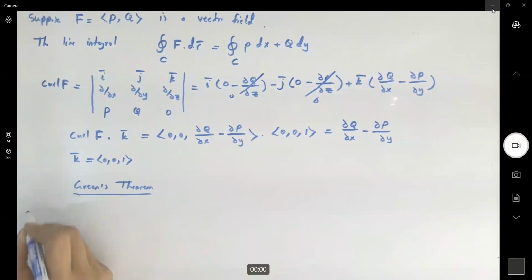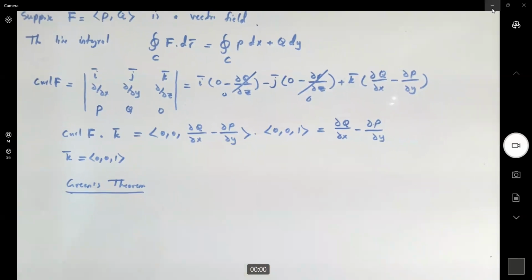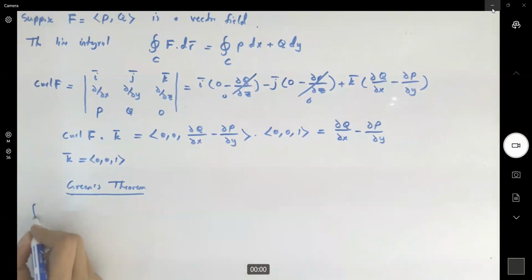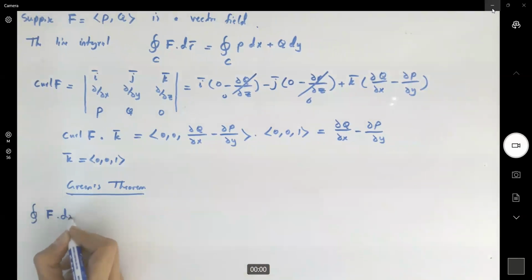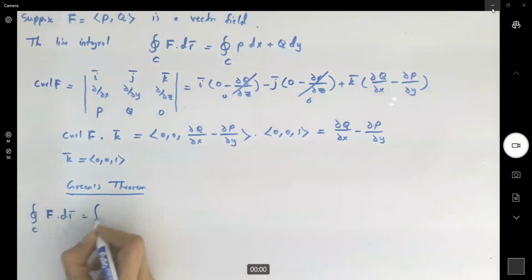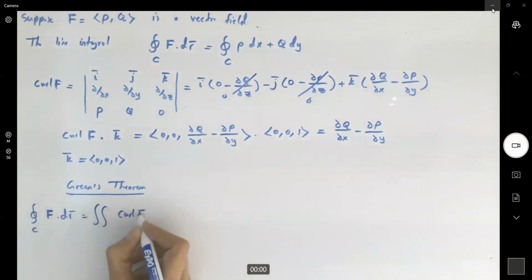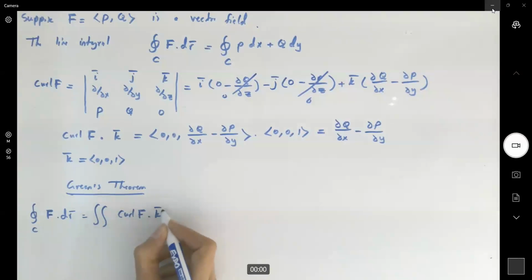Move it further down so I have enough space. We get the line integral of F dr over C, which is equal to the double integral of curl of F dot K dA.